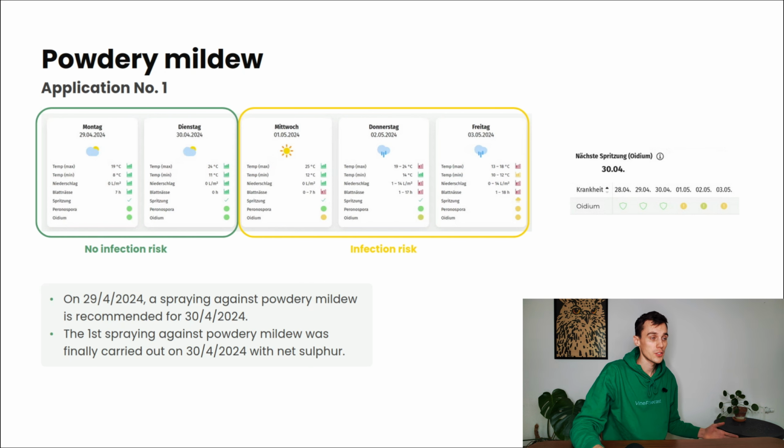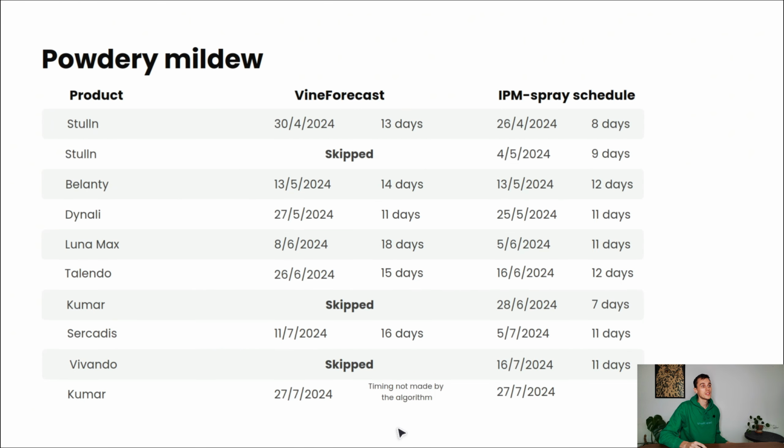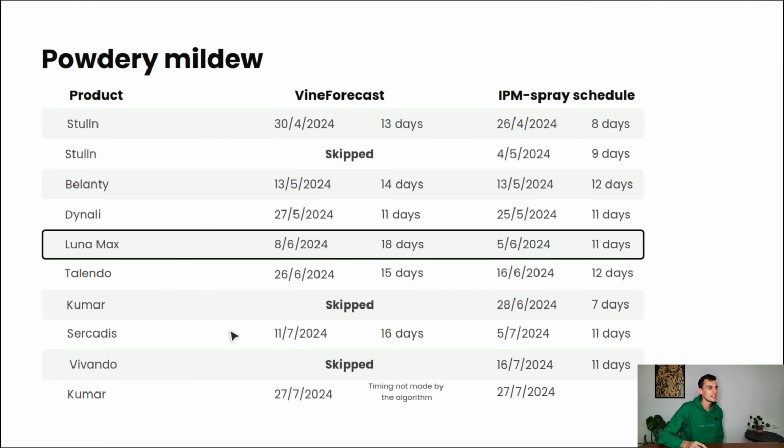And that's actually the first date when we sprayed in the VineForecast trial against powdery mildew, and the product here was net sulfur. And eventually, throughout the season, we were able to skip 3 sprayings against powdery mildew. And again, we also had a very long spraying interval of 18 days, where the product Luna Max was used, and it was applied on the 8th of June.